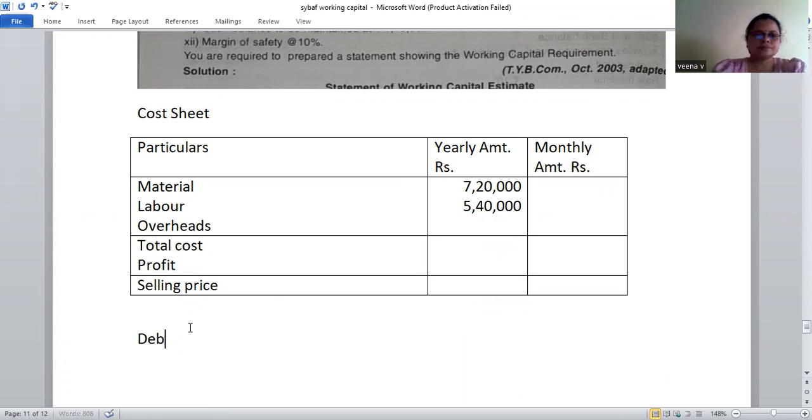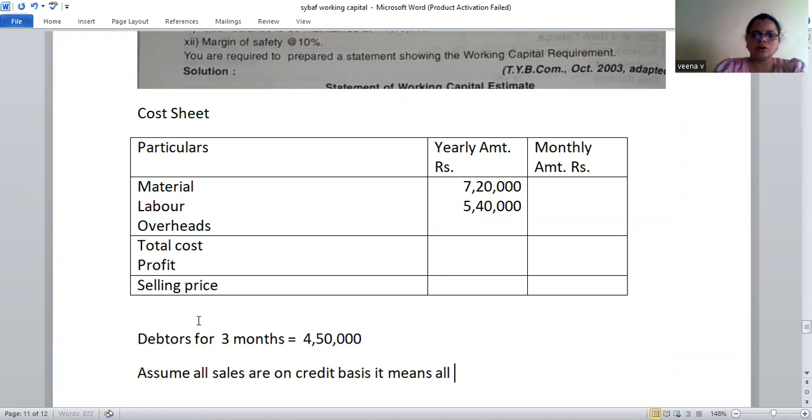So assume that all sales are on credit basis. It means debtors equal to sales.